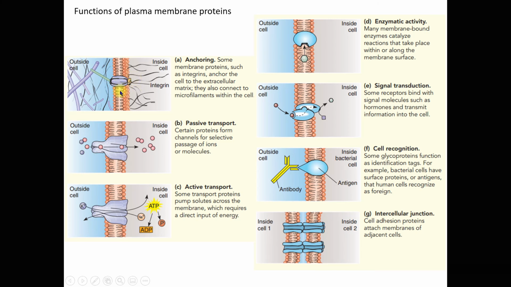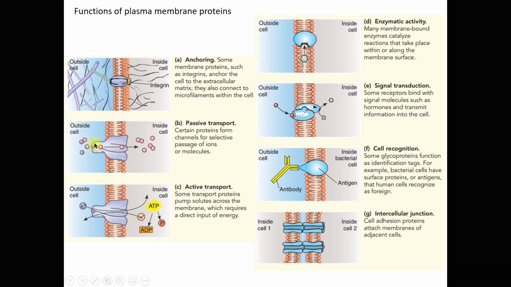So this integrin connects the microfilaments of the outside of the cell, as well as connects your plasma membrane with the microfilaments within the cell itself, right? This integrin protein functions as anchoring.